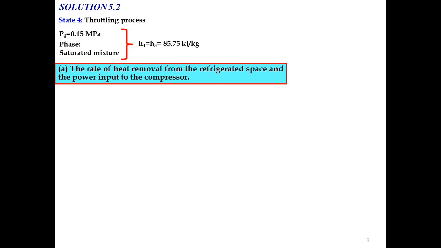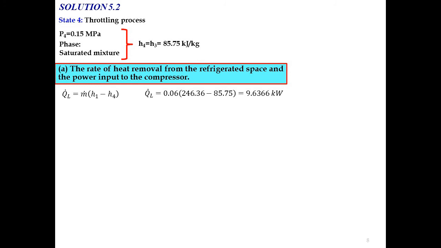So now we answer example 5.2. Question A asks for the rate of heat removal from the refrigerated space, which is referred to as QL dot, and also the power input to the compressor, which is referred to as W in dot or W net in dot. Referring to the rate of heat removal formula, QL dot equal to M dot multiplied by H1 minus H4.